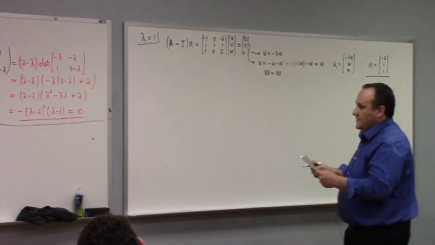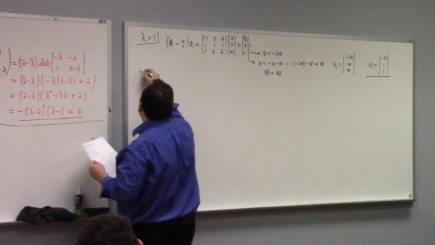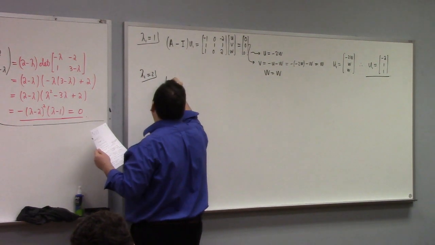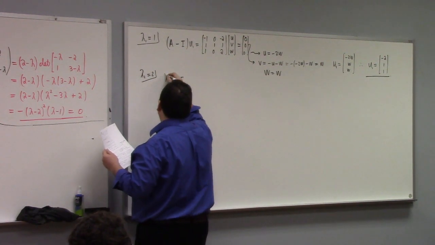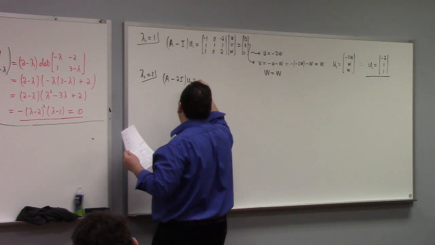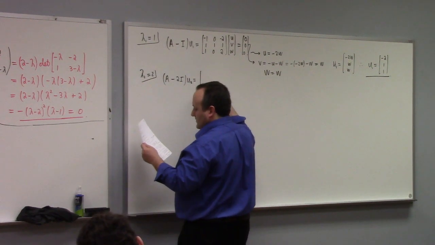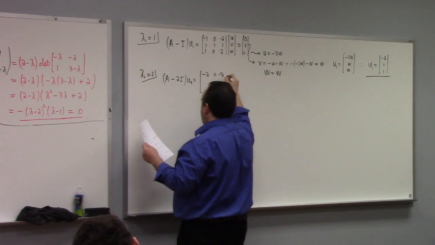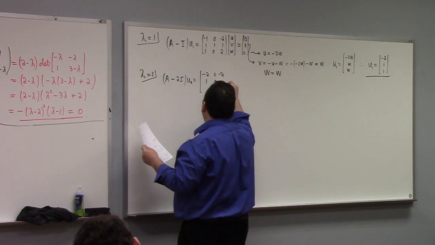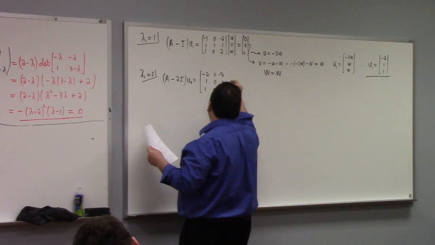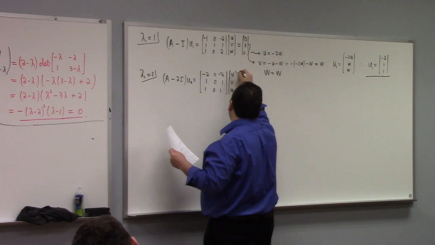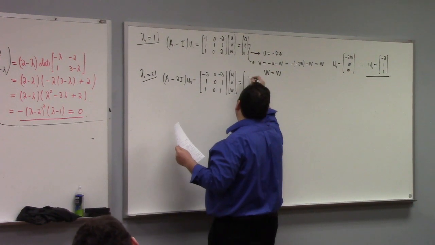Now next up, we got ourselves lambda 2 equals 2. Here, we're going to look at A minus 2I times U2. And A minus 2I is going to give us the matrix with rows minus 2, 0, 2; 1, 0, 1; 1, 0, 1. So as you can see, we have 3 equations, but really we just have one equation.